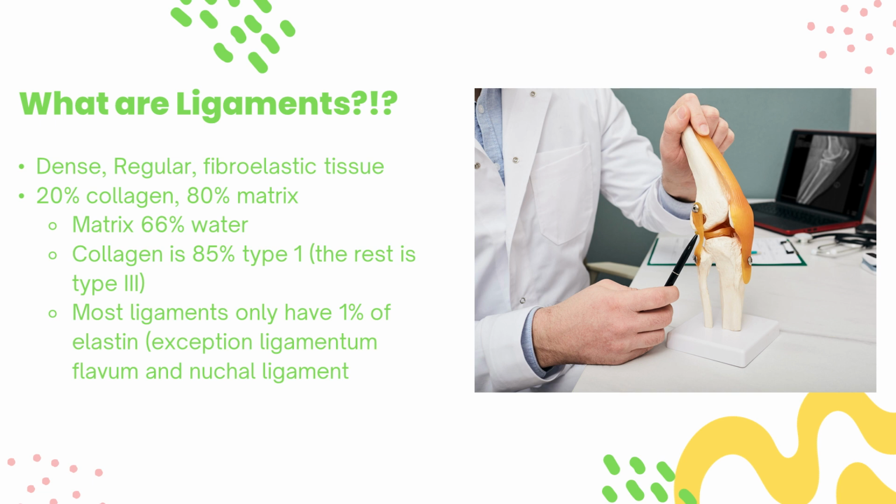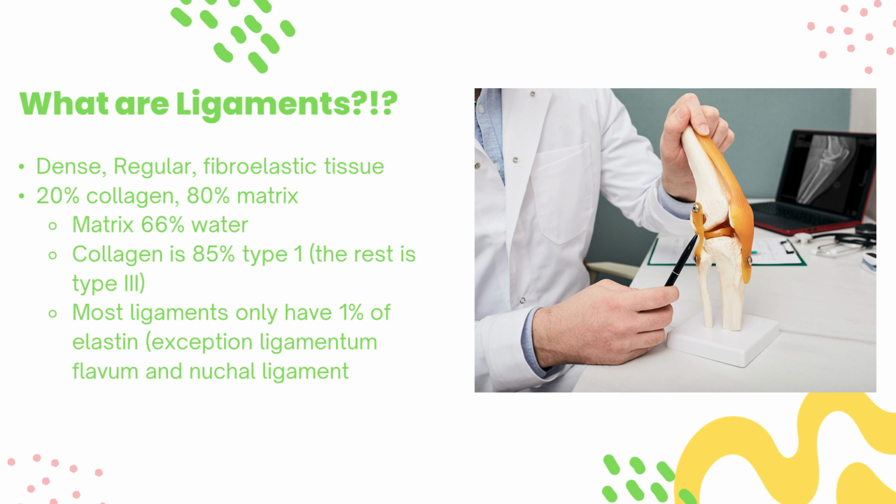When we go into the actual components of the ligament, we see that the ligament is composed of about 20% collagen fibers and 80% matrix. Within the matrix itself, 66% of this matrix is water. When we talk about the collagen itself, about 85% of the collagen is type 1 collagen, with the rest being type 3 collagen.